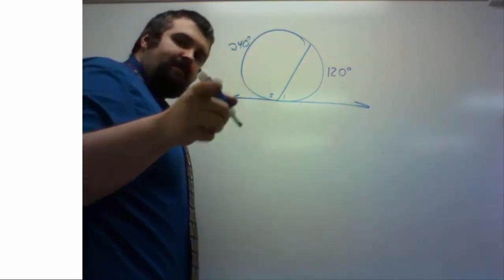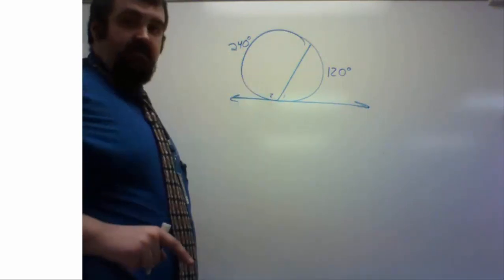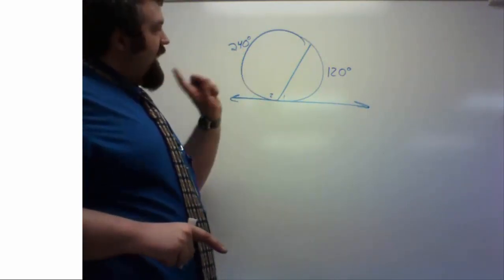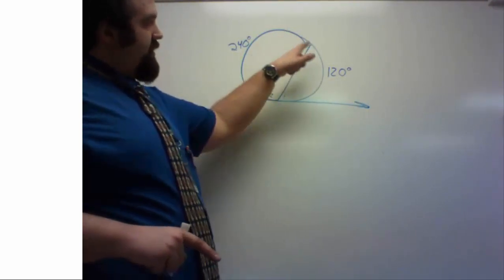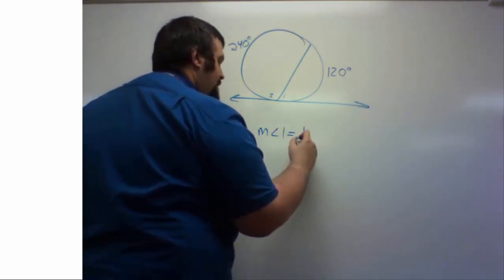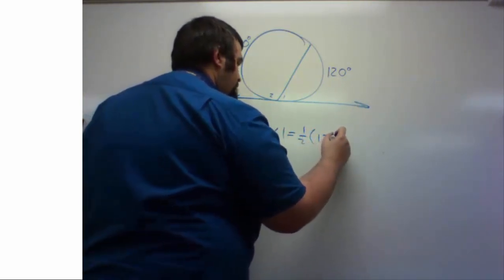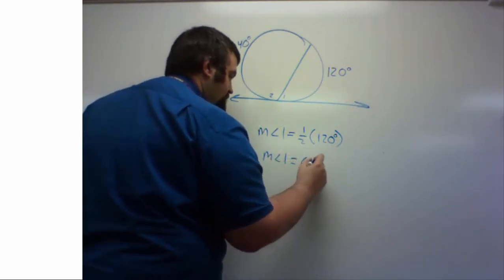This theorem says that if a tangent and a chord intersect, the angle formed is half the intercepted arc. So angle 1's intercepted arc is 120. Measure of angle 1 equals half of 120 degrees, so measure of angle 1 equals 60 degrees.